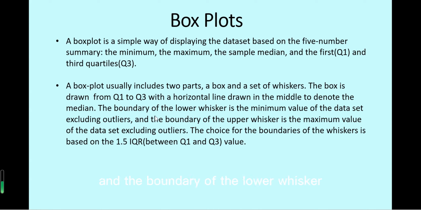The boundary of the lower whisker is the minimum value of the dataset, excluding outliers, and the boundary of the upper whisker is the maximum value of the dataset, excluding outliers. The choice of the boundaries of the whisker is based on 1.5 times the interquartile range, which is the range between Q1 and Q3 values.